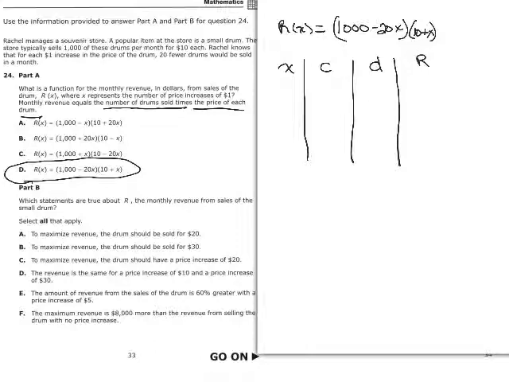So if I just sell the drums at cost, meaning I don't mark them up at all, I just keep my X at 0, then the cost per drum is $10, and that's from this last little binomial. And I'm not losing 20 drums because I haven't marked them up. So my number of drums stays at 1,000.